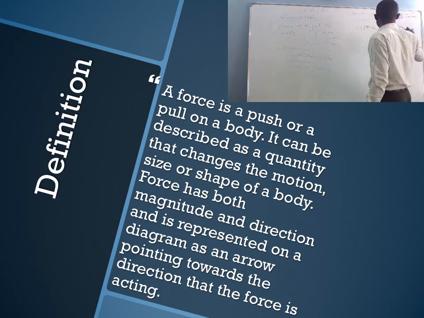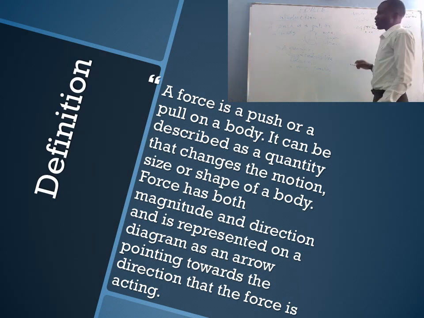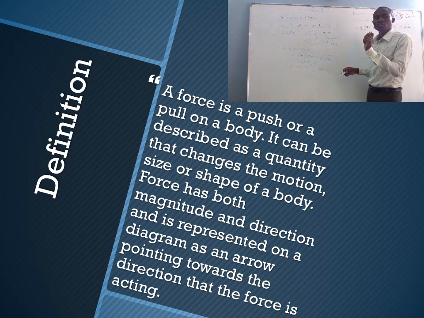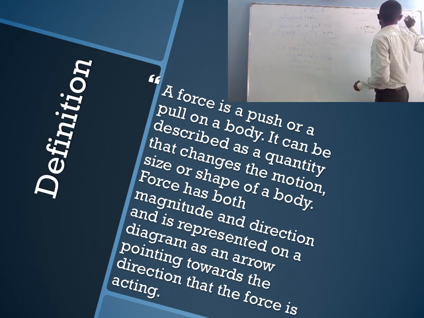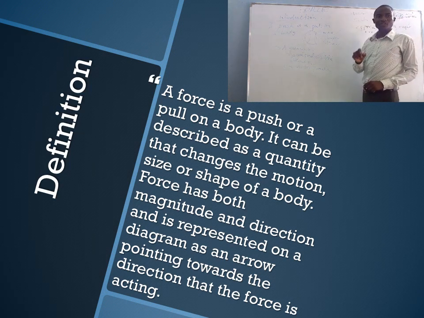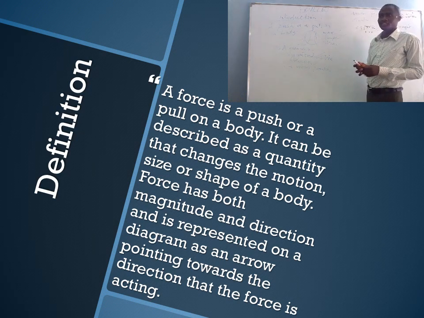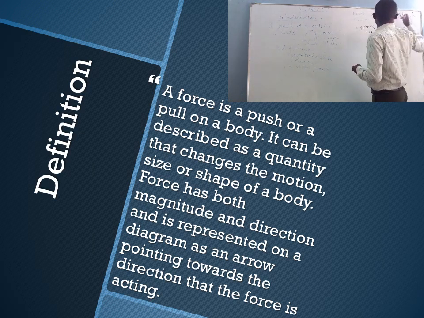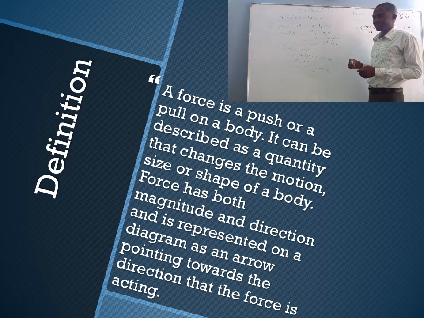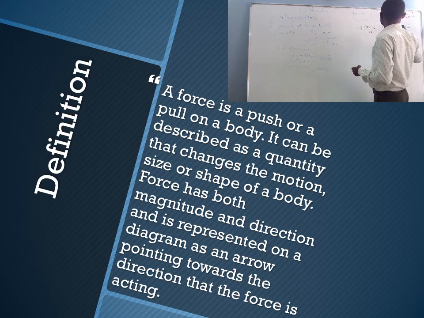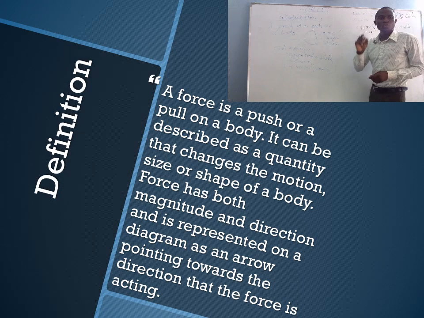We also have weight, etc. When describing a vector quantity, we must talk about the size or the magnitude of that particular vector quantity, how big or how small it is. We must also describe the direction in which that quantity is acting.